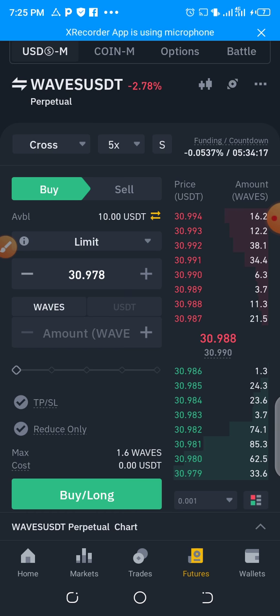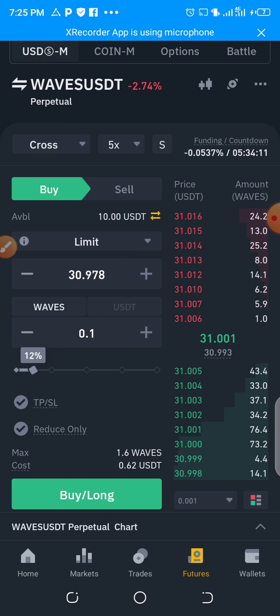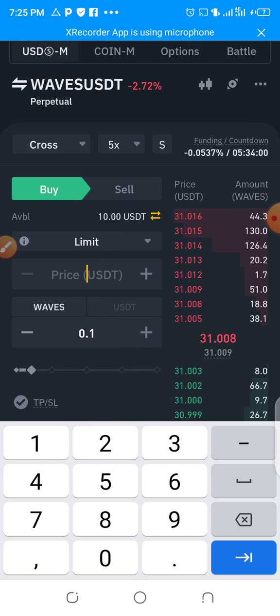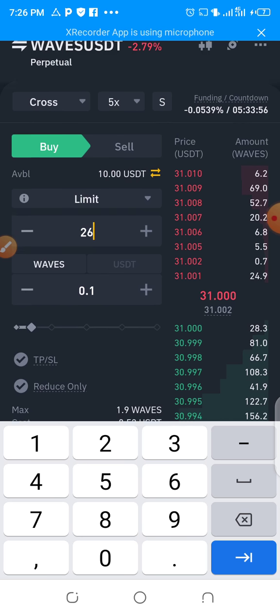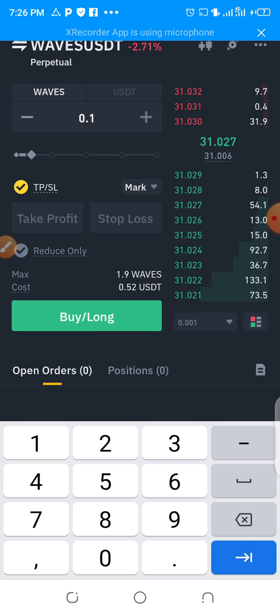Then I say okay, I already have $10. I'm going to use 10% of my account size to open this trade, and I want to buy it at the rate of $26.